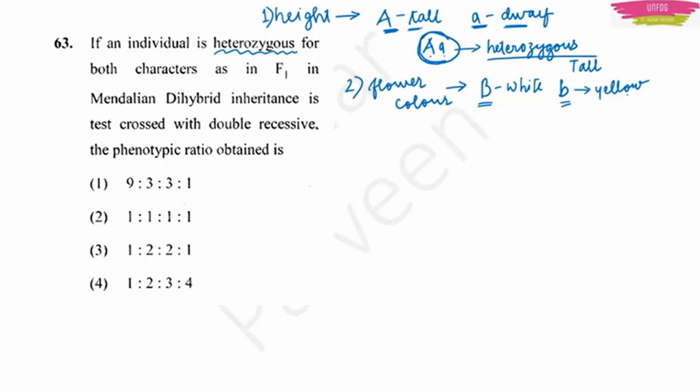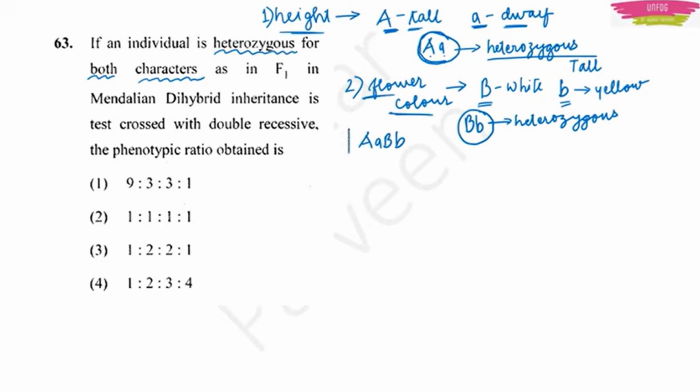Okay. So now he's saying the individual is heterozygous. Heterozygous means there should be one capital B and one small b, right? So this is again heterozygous. When we put both characters together, it becomes capital A, small a, capital B, small b, because in the question he is referring to heterozygous for both characters, so we take height and flower color.